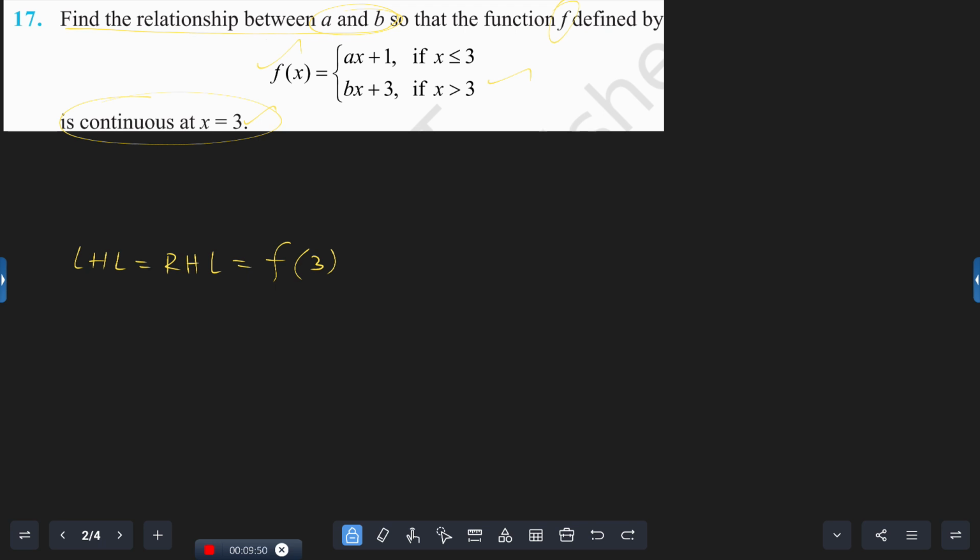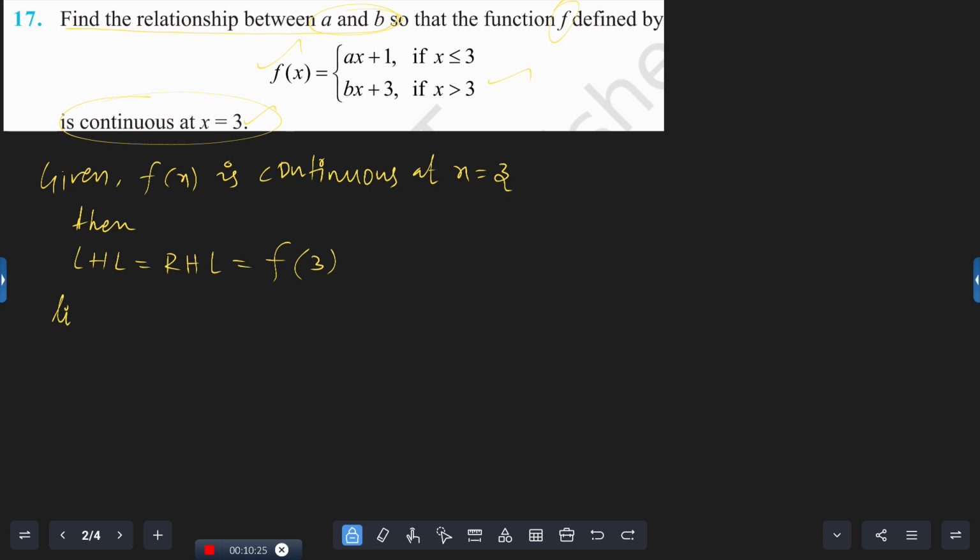Given f of x is continuous at x is equal to 3, then this condition must be satisfied. So from this any one you can use. First of all you find separately, or else directly also we will go.